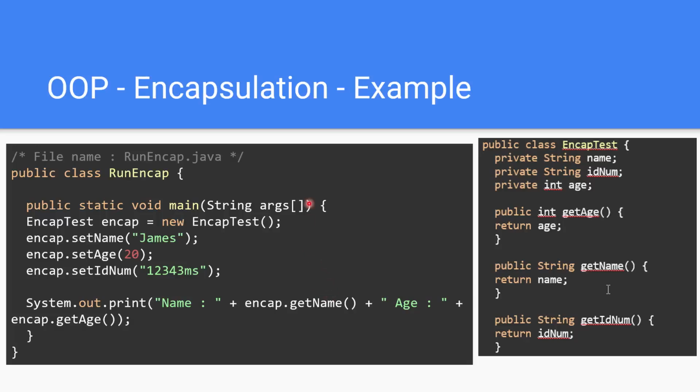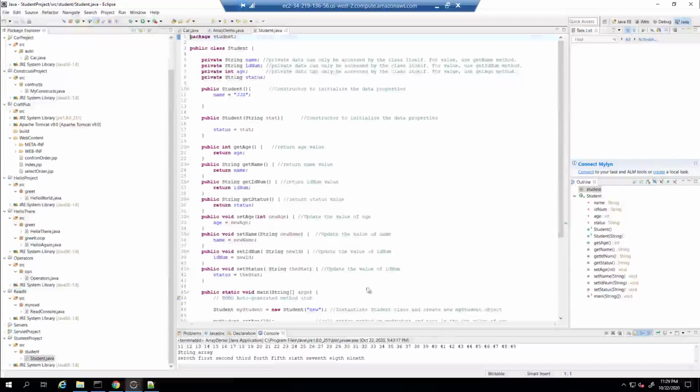So let's take a quick look at an example we did a little earlier. This is a class called Student, and what we did was we created a student project and created a package called student and then a class called Student.